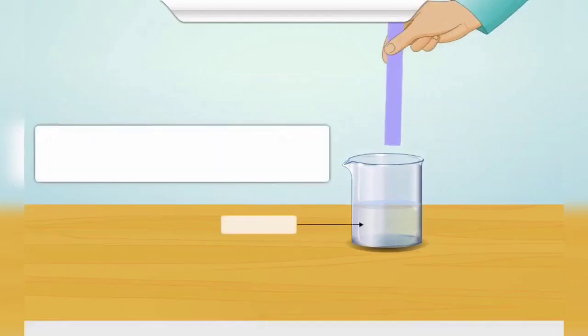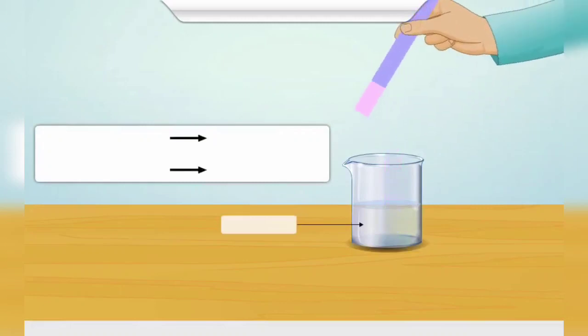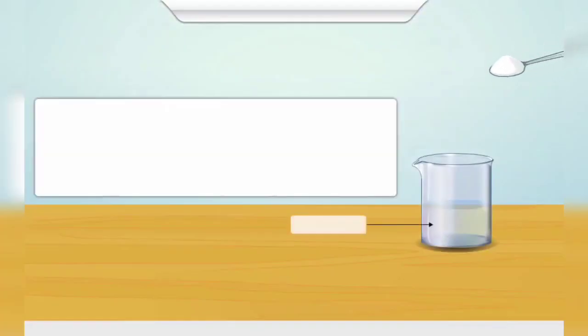Ethanoic acid turns blue litmus red and neutralizes alkalis to form salt and water. Ethanoic acid decomposes carbonates in an effervescent reaction to liberate carbon dioxide along with sodium acetate and water.